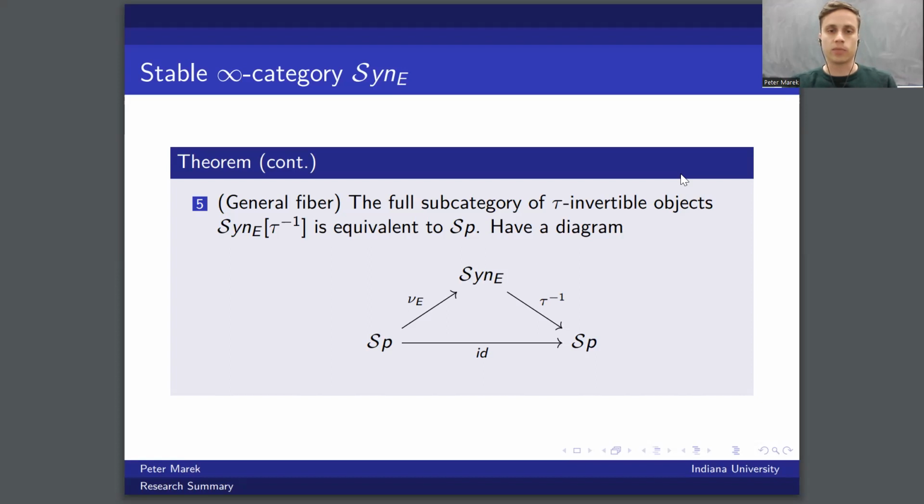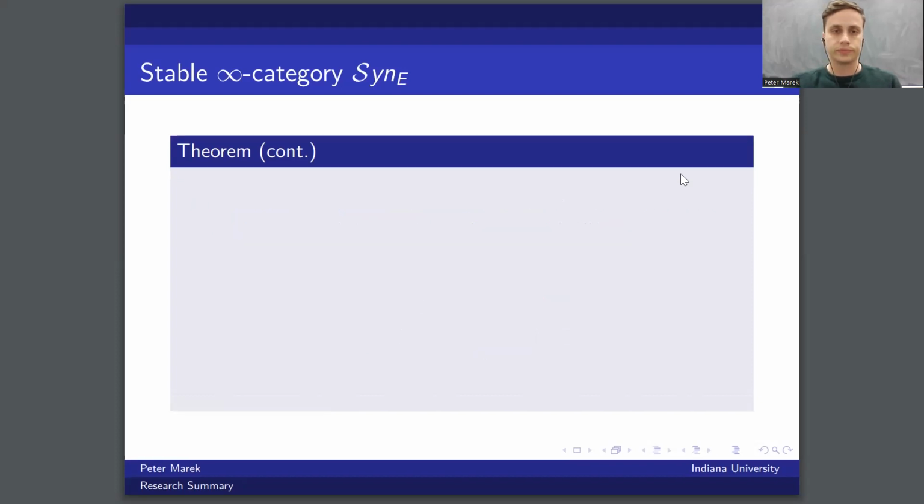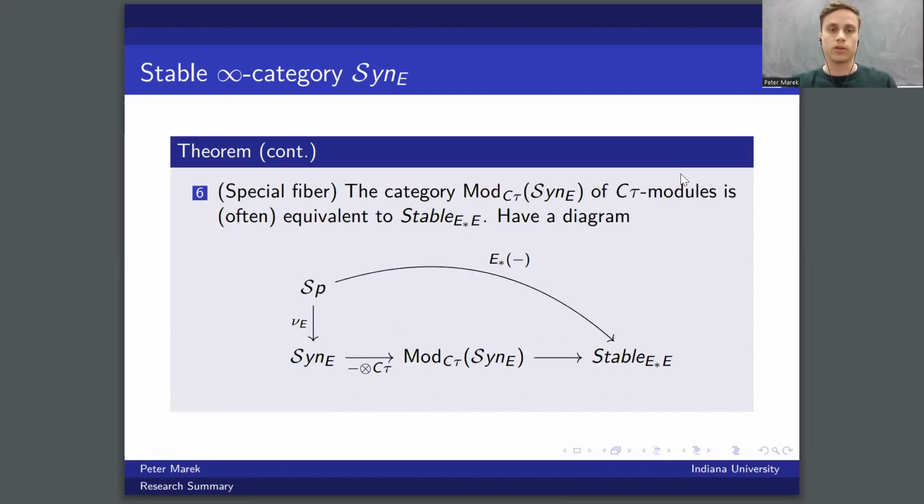And we have a diagram like so that shows how it relates to nu. And for the special fiber, when you take the category of modules over cofiber of tau, this is equivalent to stable E star E, and you have a diagram like so for how it interacts with the functor nu.